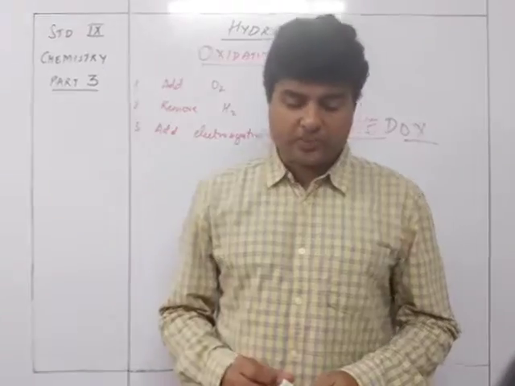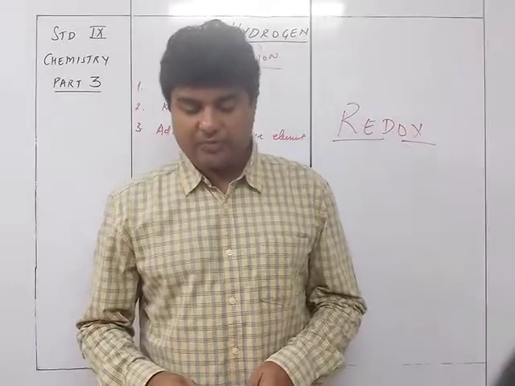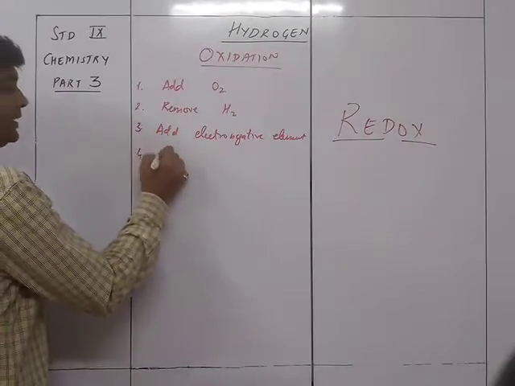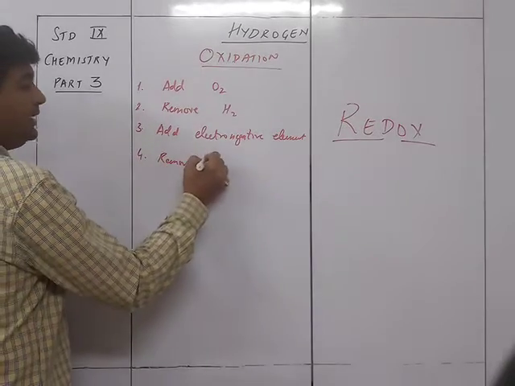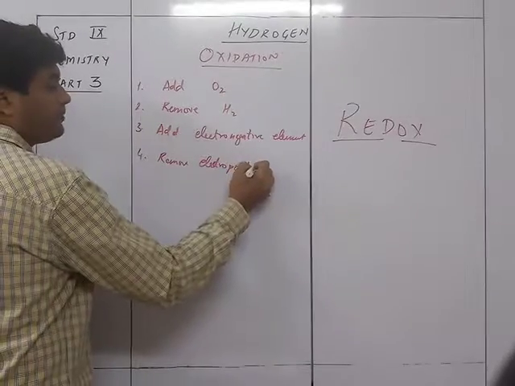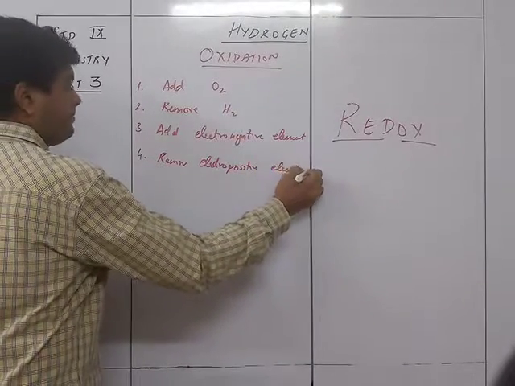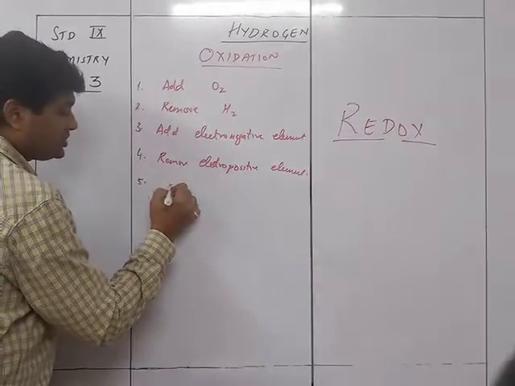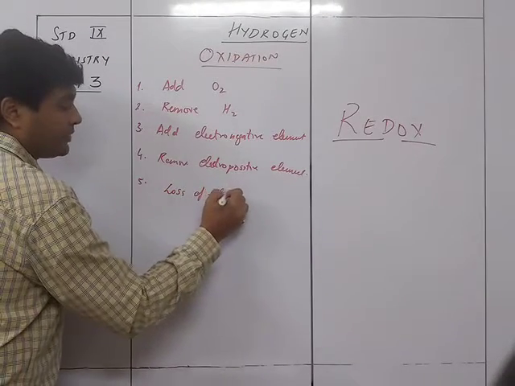Removal of electropositive element, loss of electron from an atom or an ion. So here we have removal of electropositive element, and the fifth one is loss of electrons.